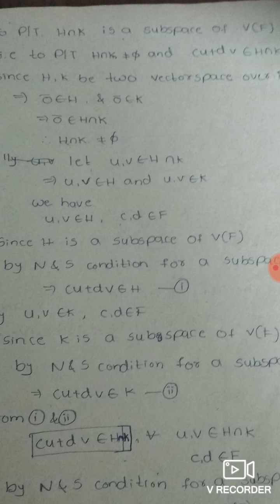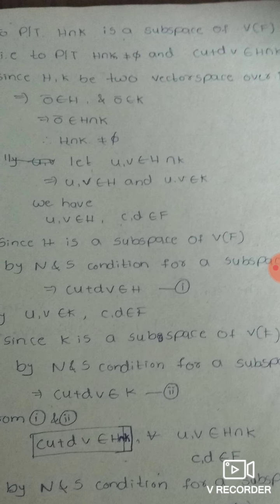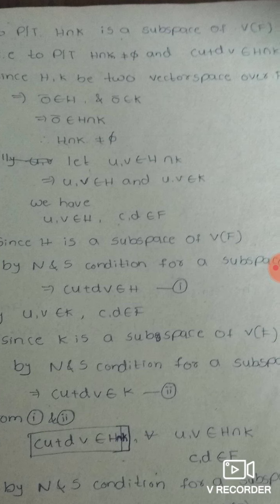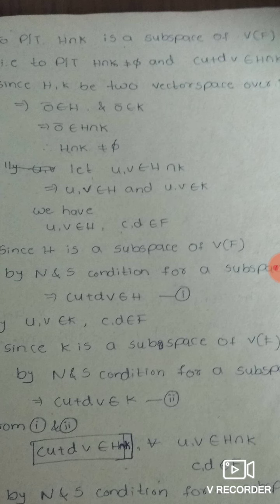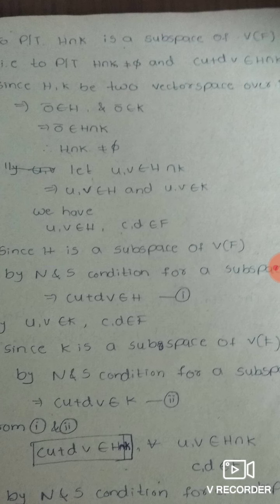From 1 and 2, Cu plus dV belongs to H and Cu plus dV belongs to K. Cu plus dV is a term in H, and Cu plus dV is a term in K. Therefore, from equations 1 and 2, Cu plus dV belongs to H intersection K.